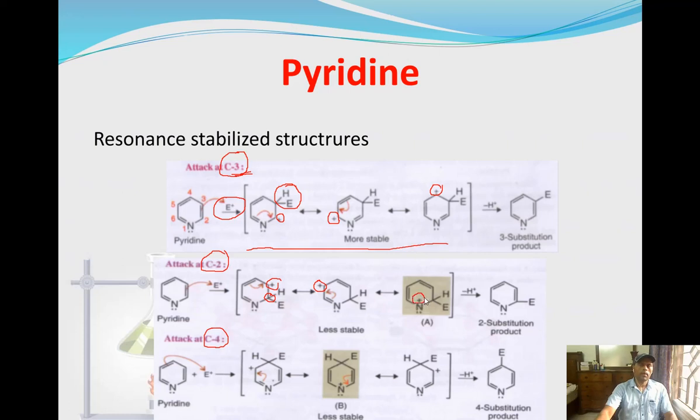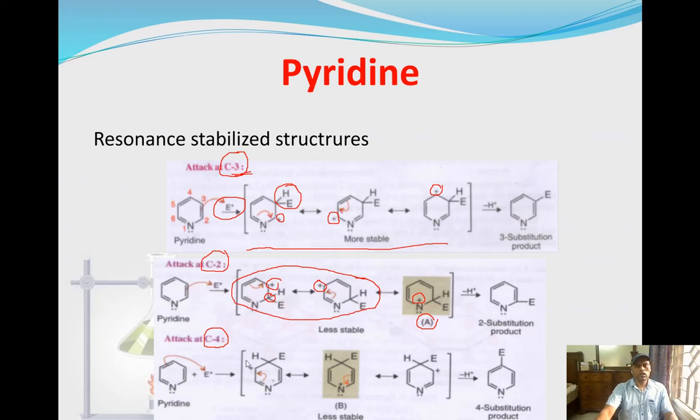Now there is a positive charge on the nitrogen in this resonance structure, but nitrogen is an electronegative atom, so it is going to attract the electrons. So structure A written here is not that stable. This is not going to happen, we can say. These two structures can be formed, but this structure is least likely to form.